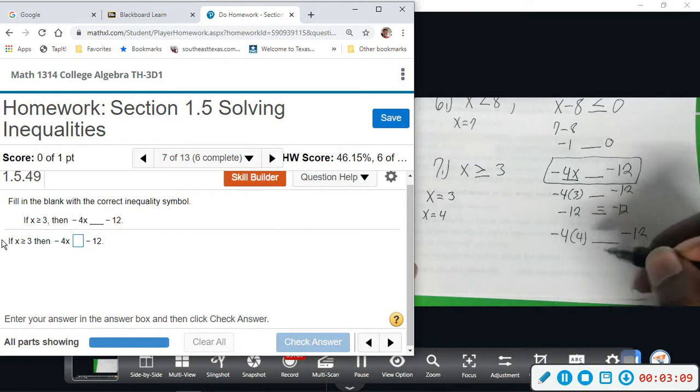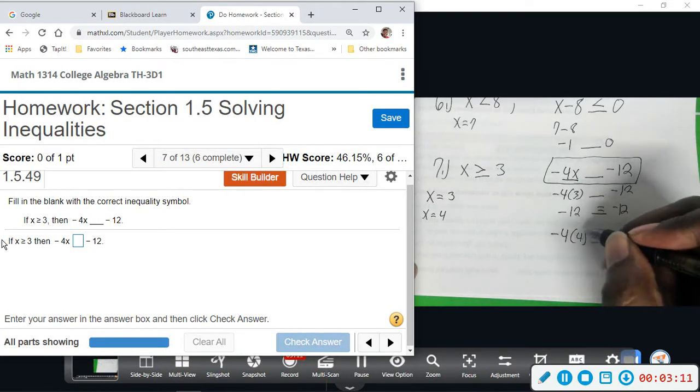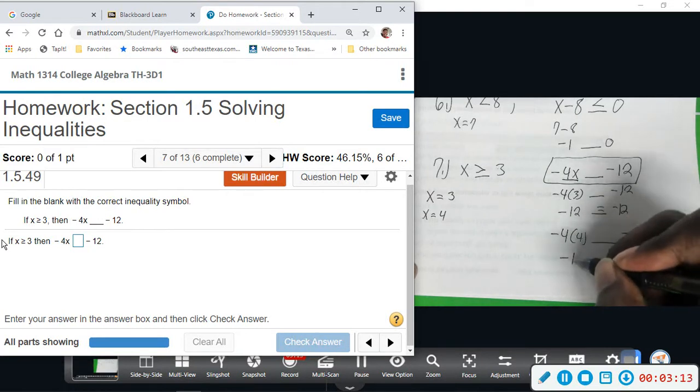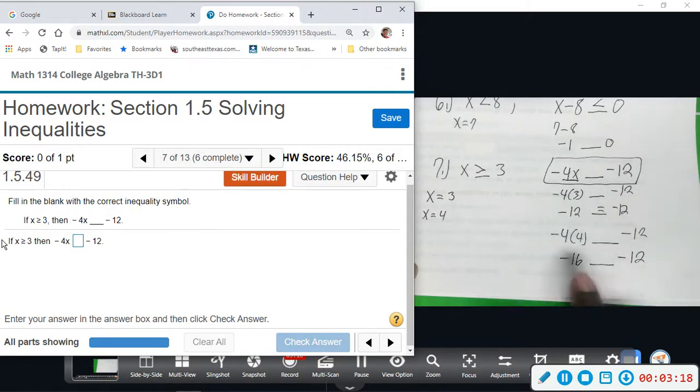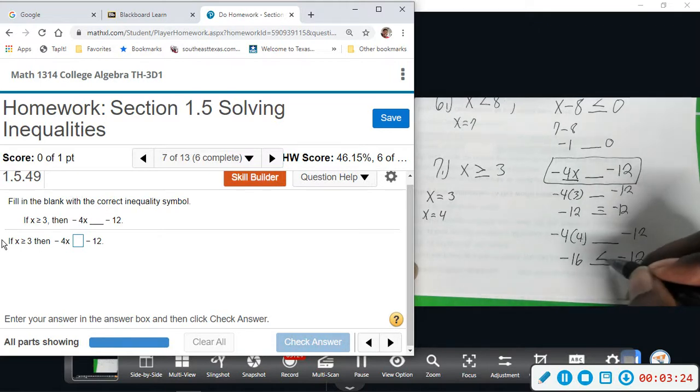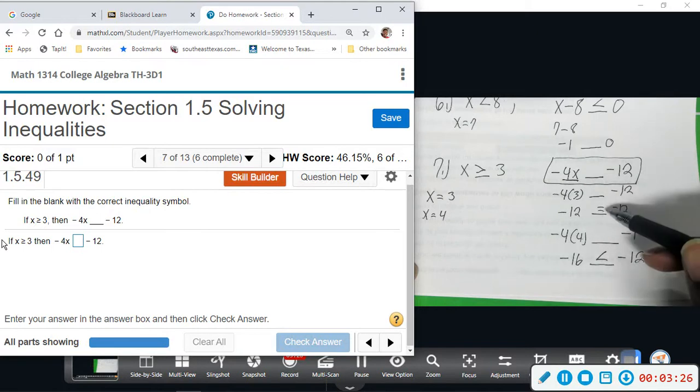Negative 4 times positive 4 gives me negative 16 compared to negative 12. This time negative 16 is less than negative 12, which is closer to 0. So we have equal to or less than.